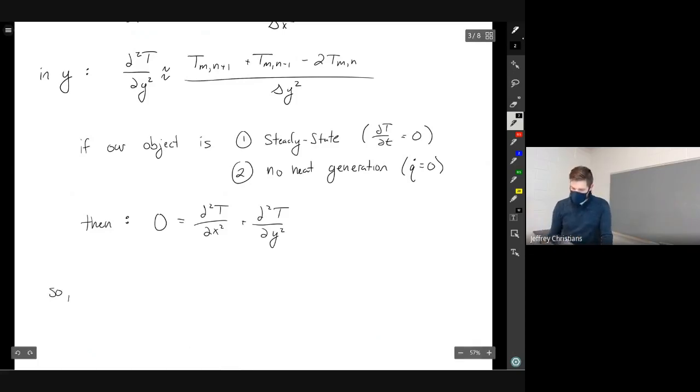So we could put these two things together. This is going to be a lot of T's with subscripts, and we'll look a little bit about how some of this stuff simplifies out.